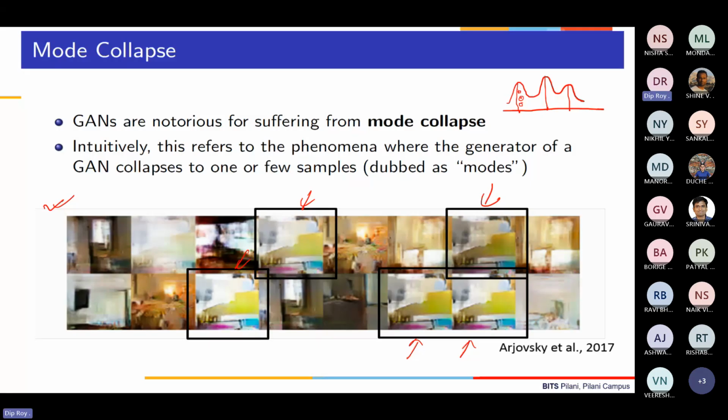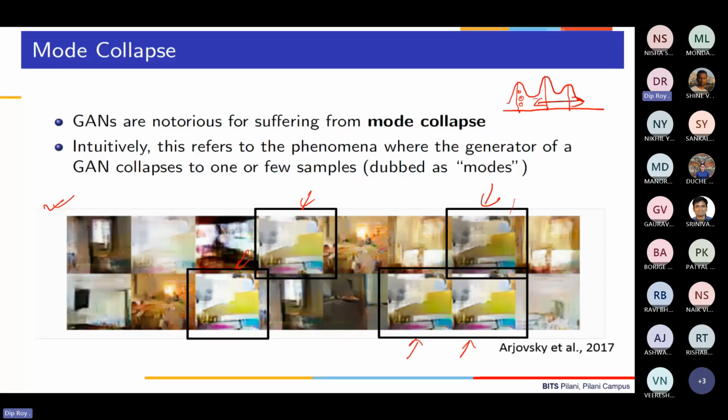And in the process, it stops exploring these areas and it only tries to take samples from this particular mode of the multimodal Gaussian. And that is the reason why you see that similar samples are popping up, because its goal is to fool the discriminator. And it succeeds in fooling the discriminator by doing this. And the generator thinks that it has learned the distribution and the mode collapse essentially happens.